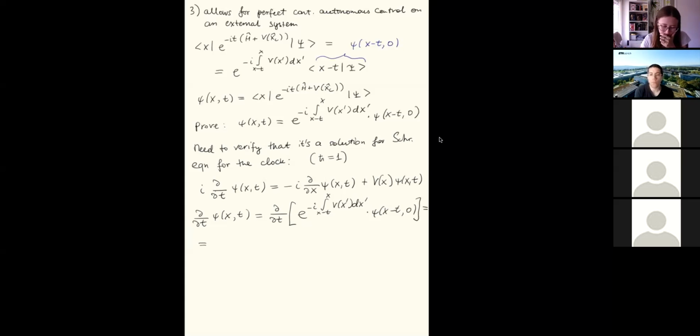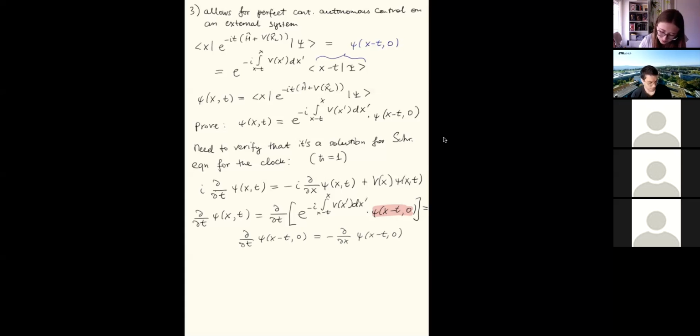First we take the derivative of this part, and here we can note that the following holds: the derivative with respect to t of psi of x minus t0 is equal to minus the derivative with respect to x of psi of x minus t0.